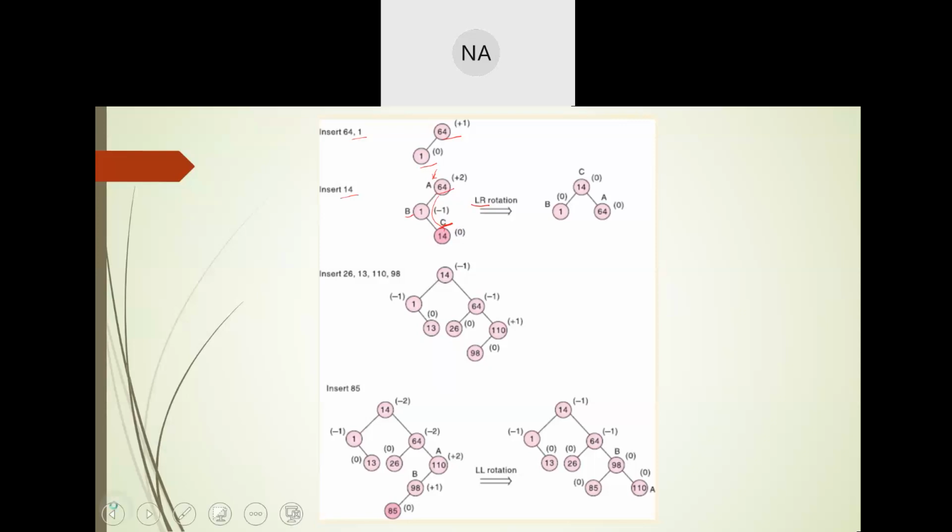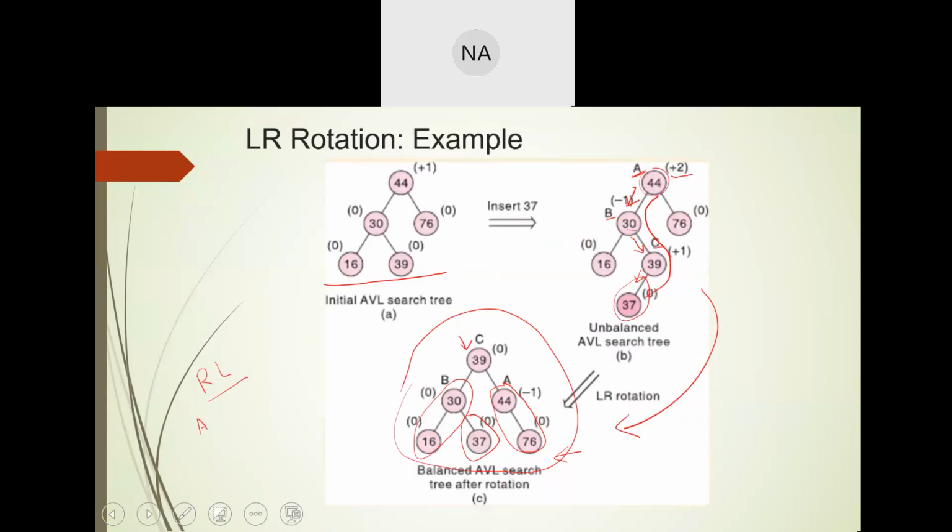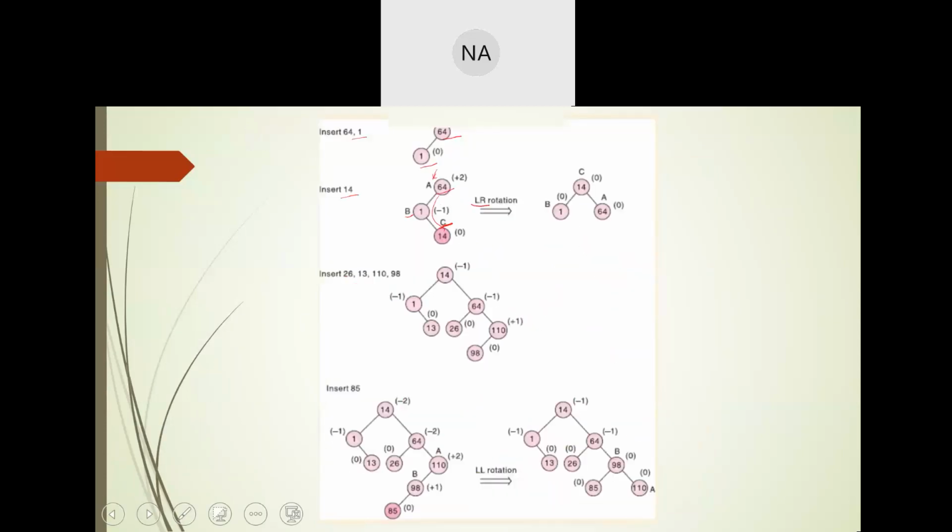How is the LR rotation performed? Here it is. Node C is made the root with B as left child and A as the right child. Node B is made the left child along with BL, which is empty, and A is made the right child along with AR, which is also empty, and CL and CR are also empty.